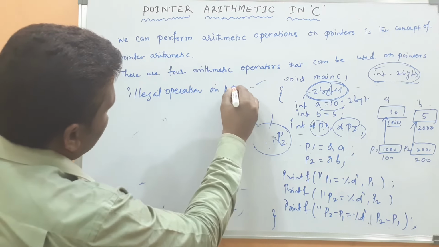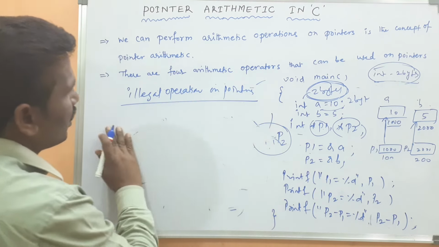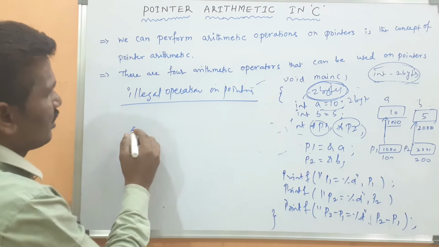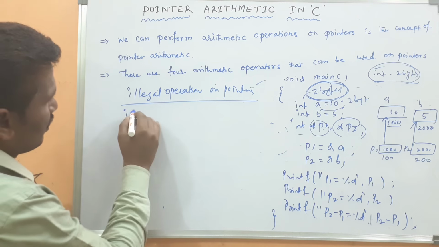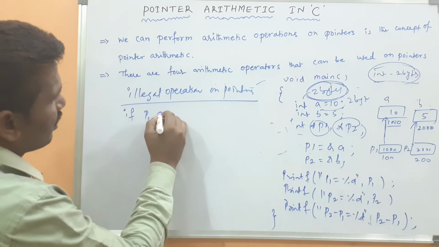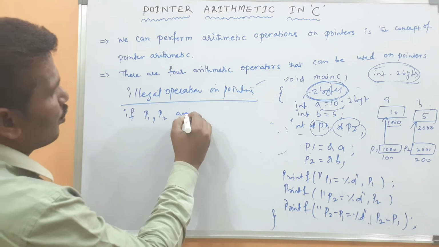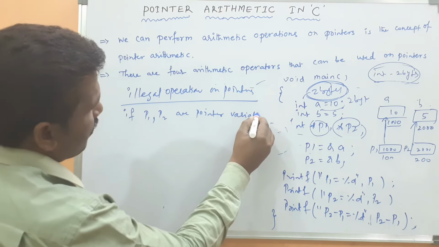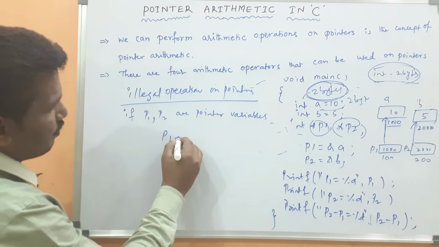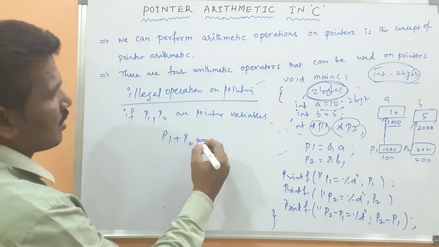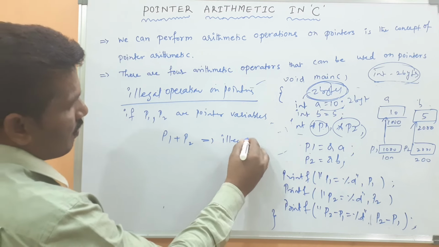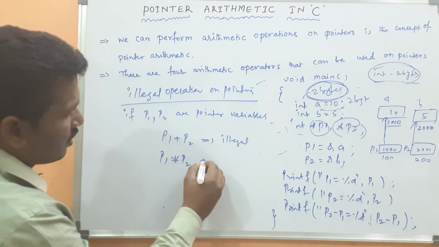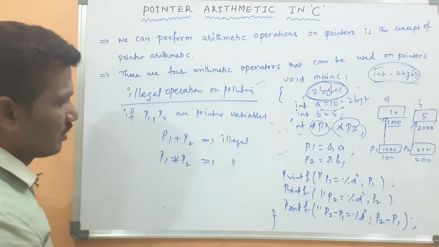Illegal operations on pointers, because they aren't supported by pointers. If P1, P2 are pointer variables, then P1 plus P2 is illegal. When P1 is multiplied with P2, illegal.